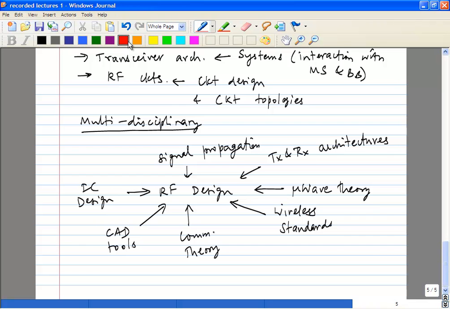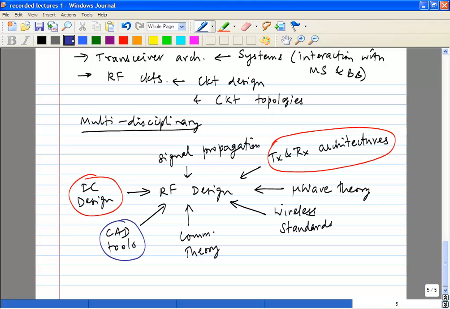Now, what we'll study in this course, we'll study this in detail, and we'll try to study this in as much detail as possible. And the other thing to keep in mind is you folks will be using CAD tools for your simulations and design.